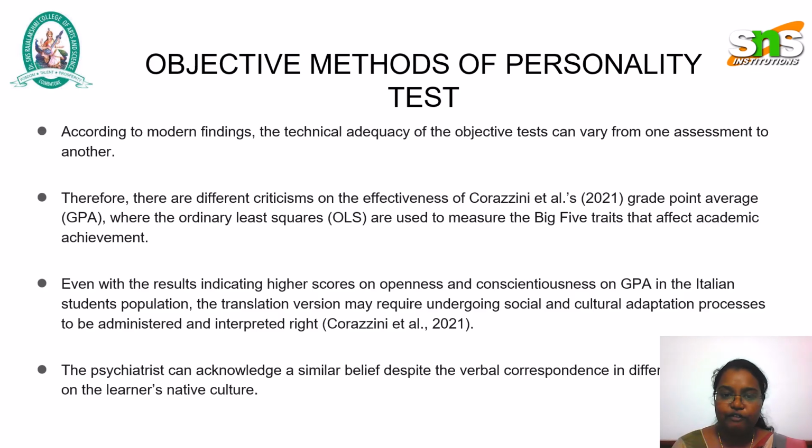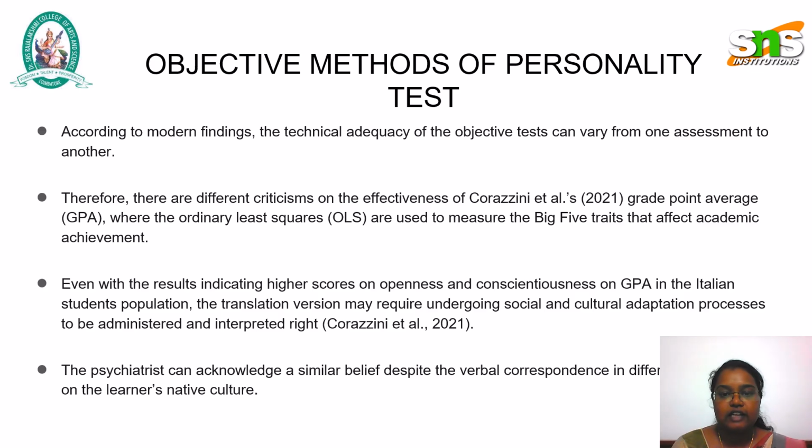Therefore, there are different criticisms on the effectiveness of the grade point average, that is GPA, where the ordinary least squares are used to measure the Big Five traits that affect academic achievement.